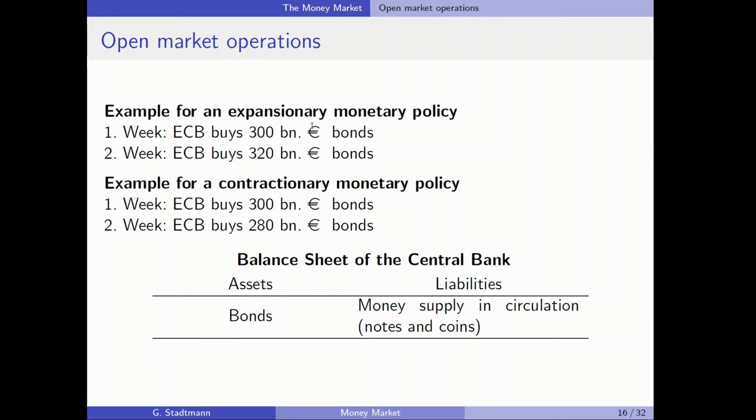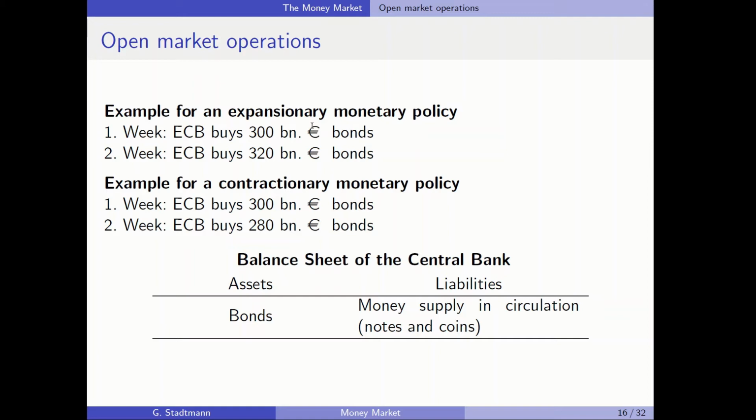In the very lower part of the slide, you can see the balance sheet of the central bank. On the left-hand side, there are the assets, the bonds, which are received by the ECB from the commercial banking sector. And on the right-hand side, we have the liabilities, money supply in circulation, like the notes in circulation.